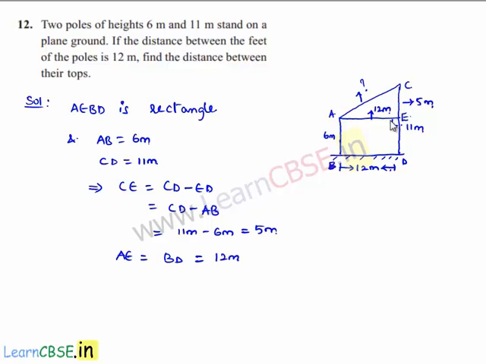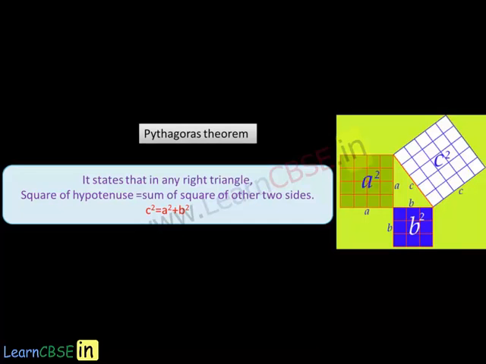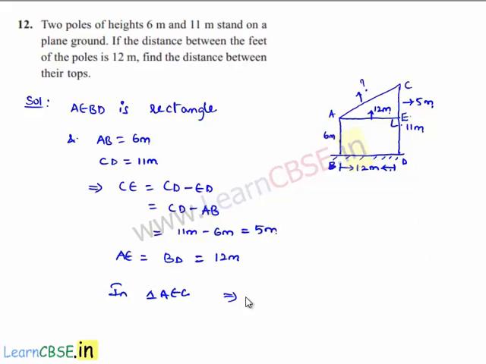We know that AEC is a right angle triangle. Therefore, by applying the Pythagoras theorem in right triangle AEC, we get the hypotenuse square, which is AC square, is equal to sum of square of other two sides, that is AE square plus EC square.